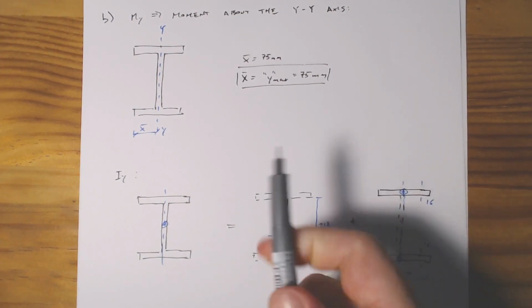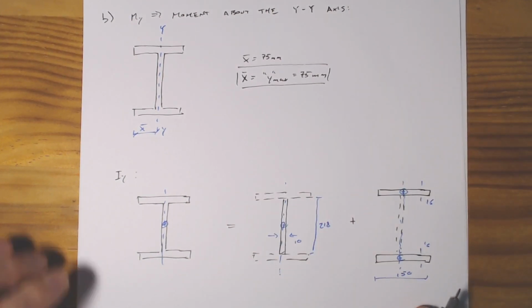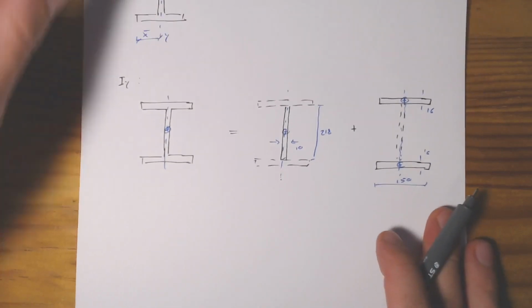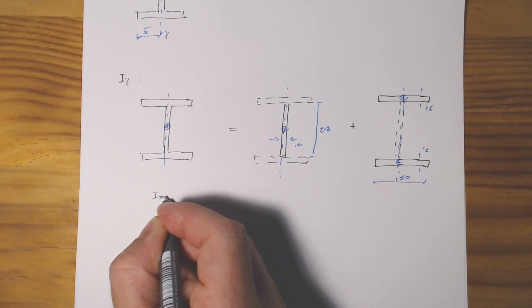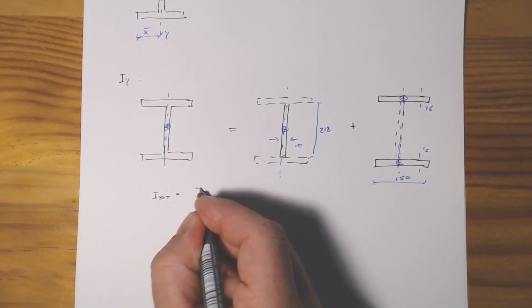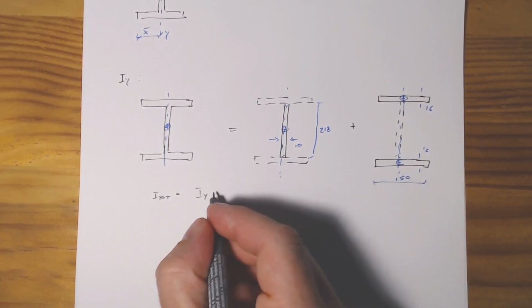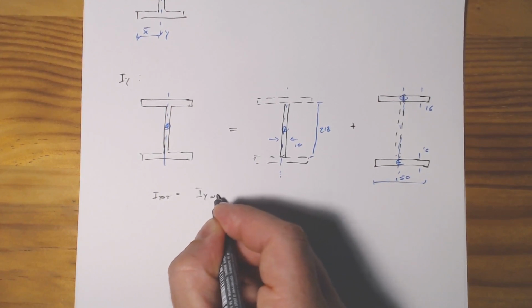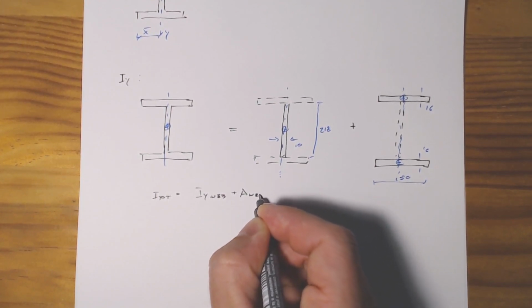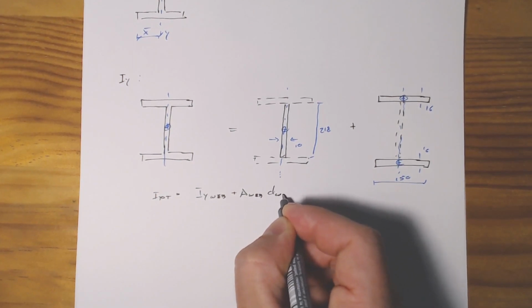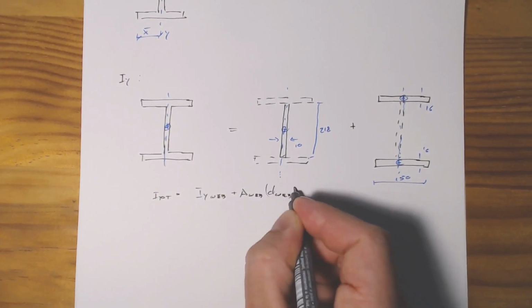All right, so we'll write out what our parallel axis theorem would be. So I total equals the moment of inertia about the y direction of the web plus the area of the web times d web squared.